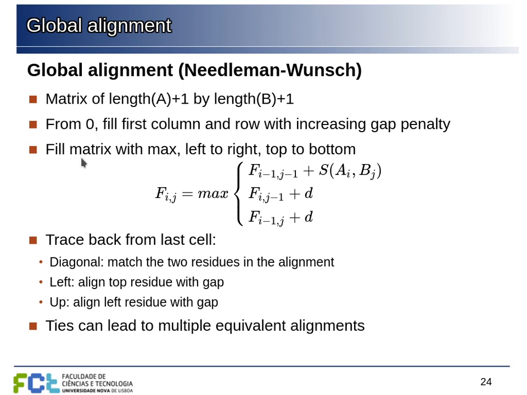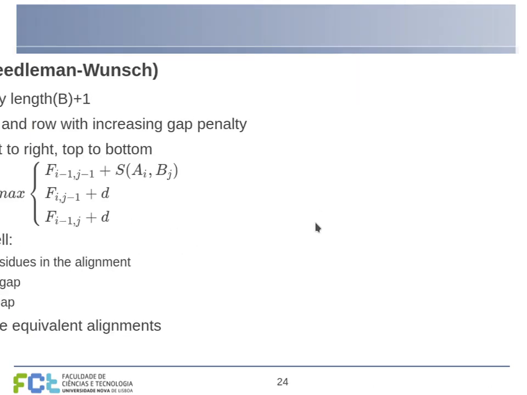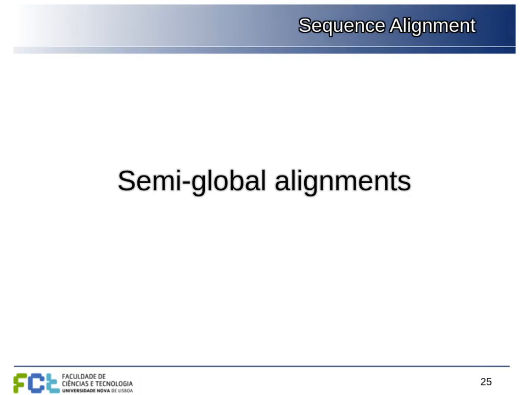If we have a tie between different branches here, then we will have multiple alignments that have the same score. This can happen, and if you check all of these branches, you can enumerate all the different alignments that have the optimal score.